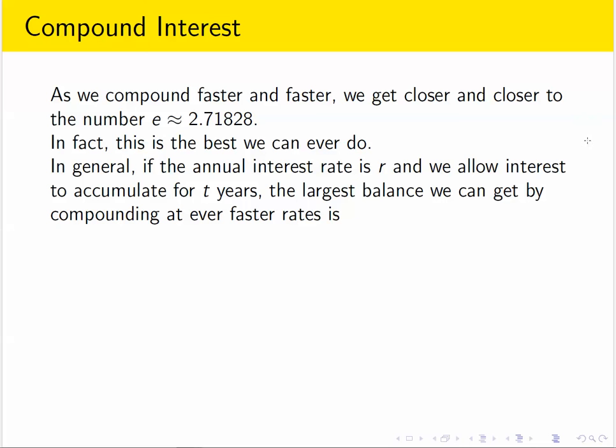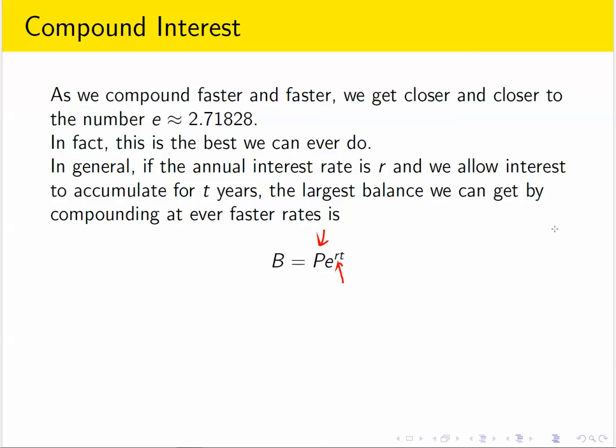In general, it turns out we can do the same sort of calculation for any interest rate, for any number of years, and although we're not going to go through an entire derivation, it comes out to be a formula involving e. You take the amount you start with and multiply it by e to the rt, and that gives you the best possible balance, the most money you could end up with compounding faster and faster and faster.